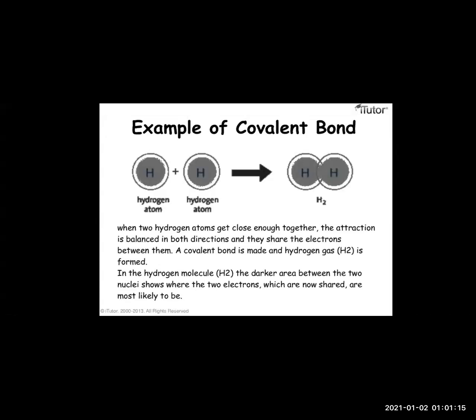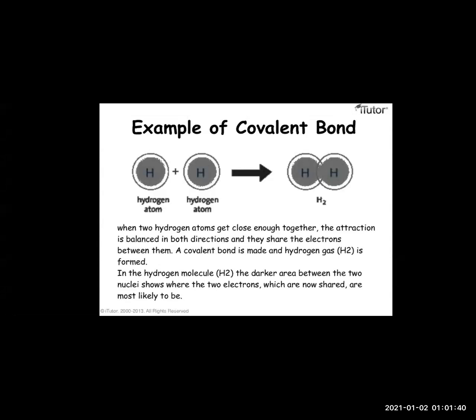In the covalent example, we have taken two hydrogen atoms. Now H is reacted with H. Then what happens, they mutually share the electrons from each other, and what product is formed? H2 product is formed. Now H2 is a form of hydrogen gas.